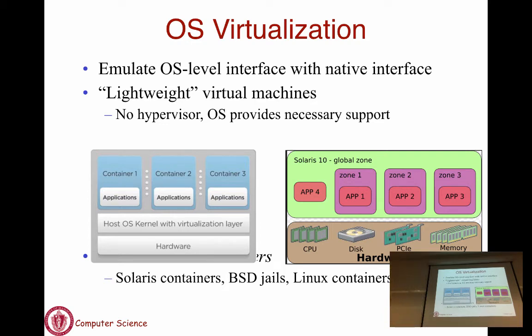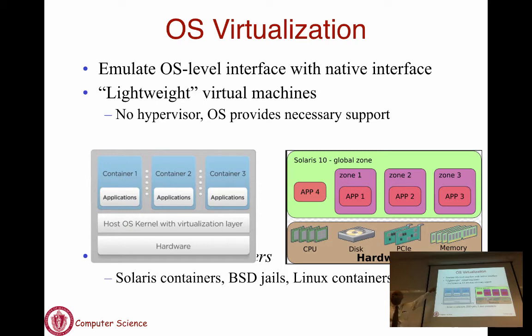If you run a normal application, the entire file system is visible so long as you have privileges to read or write files. In this case, you can give access to only part of your file system subtree. So you can isolate these applications from other applications, you can isolate what files these applications see, and you can do more fine-grained resource allocation. There are many benefits to still putting the application inside a lightweight virtual machine. And in the Linux world, they are called containers. Containers essentially mean an OS level VM. That's just a different terminology.